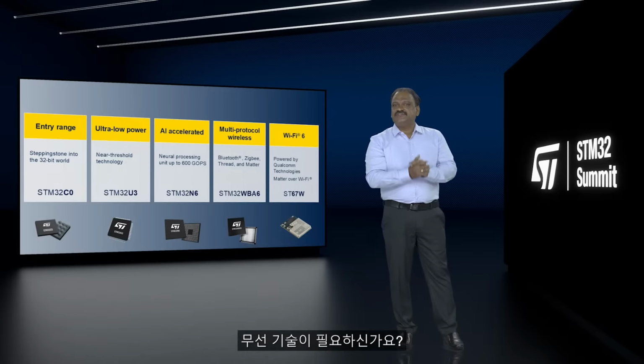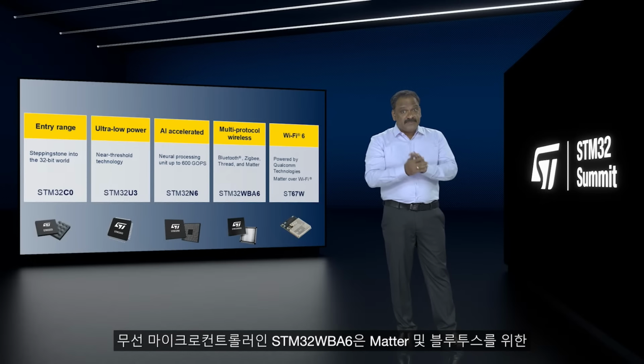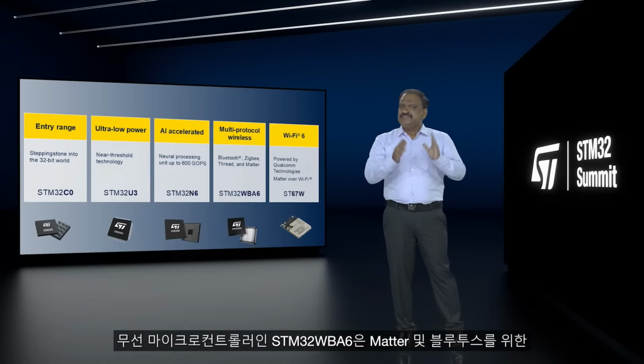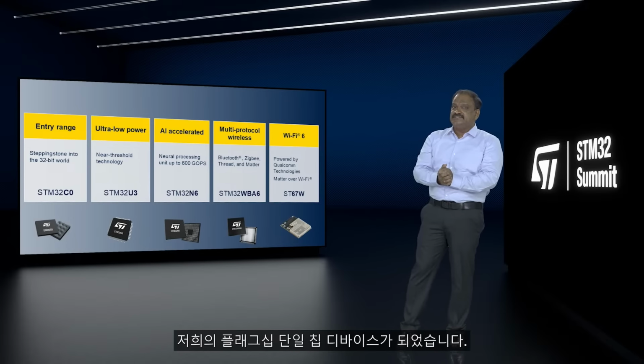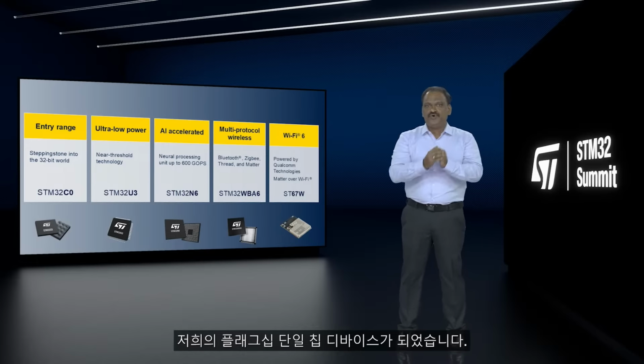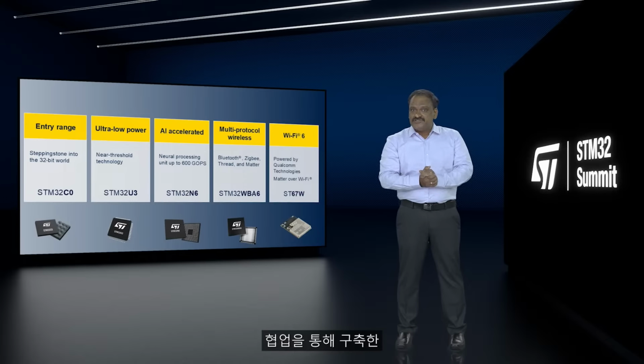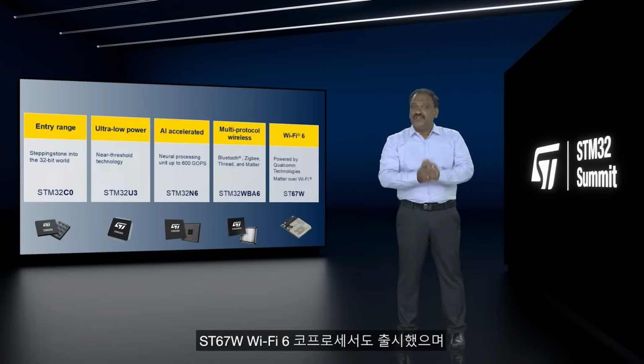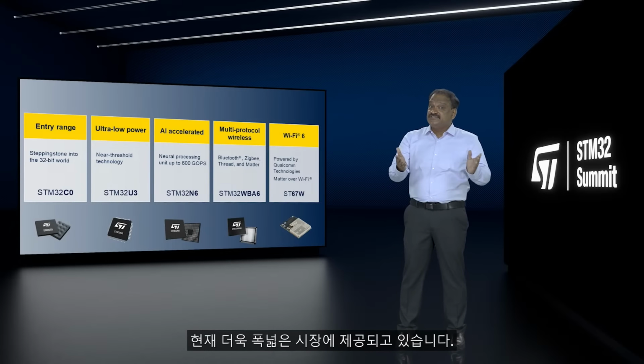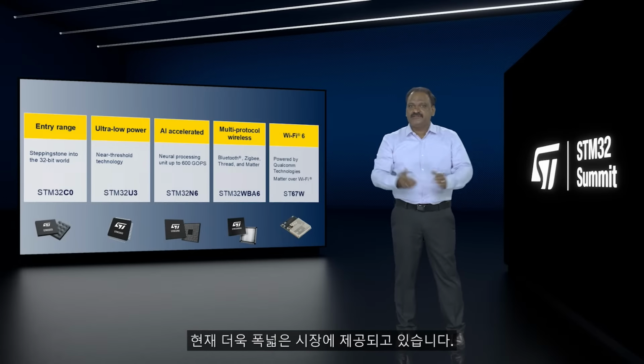Do you need a wireless technology? The wireless microcontroller STM32WB-A6 has become our flagship single-chip device for Matter and Bluetooth. We have also recently introduced the ST67W Wi-Fi 6 coprocessor built in collaboration with Qualcomm Technologies. It's now available to broader markets.